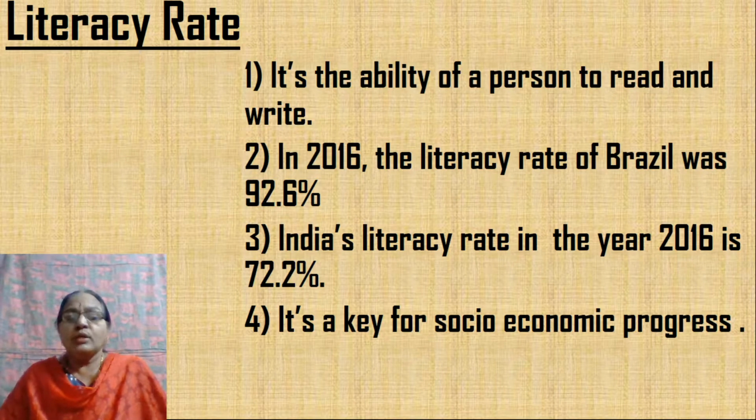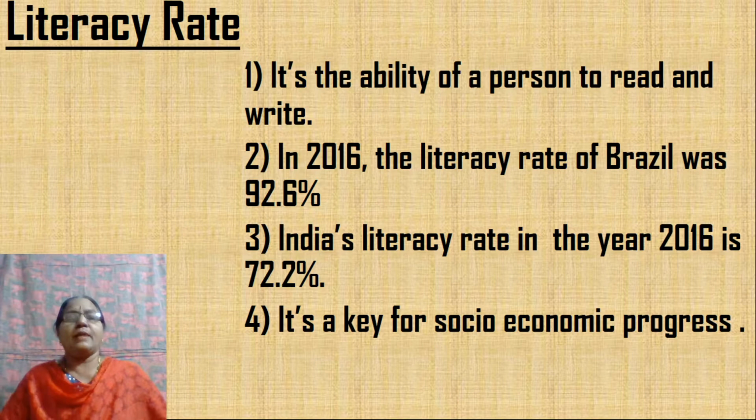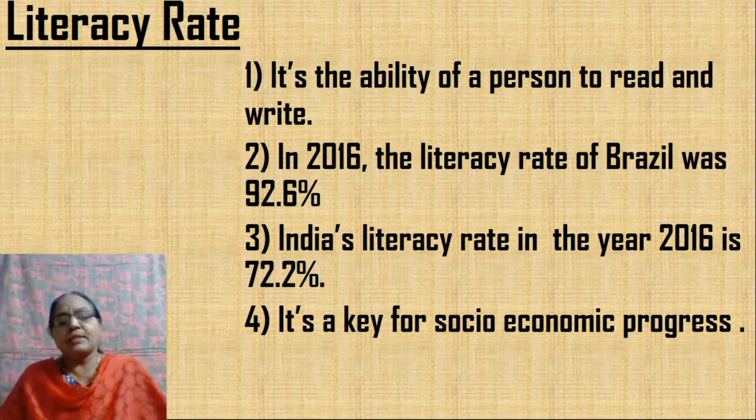According to 2016, the literacy rate of Indians was 72.2% and Brazil was 92.6%. Kerala is the most literate state, but that is only according to the 2011 census. But now there are other states also which have slowly become literate.